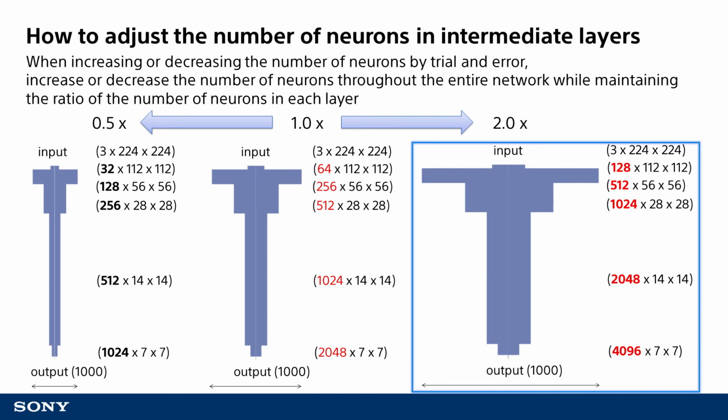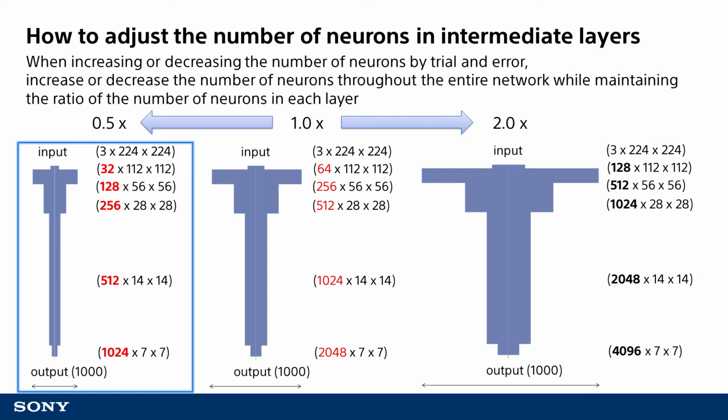For example, if you want to double the number in each layer, you can start from a status that has been optimized to a certain degree if you increase the number of images in each layer by the same ratio, 64 to 128, 256 to 512, and so forth. In the opposite case as well, you can conduct training from a status that has been optimized to a certain degree by cutting the number of neurons in each layer in half, for example.